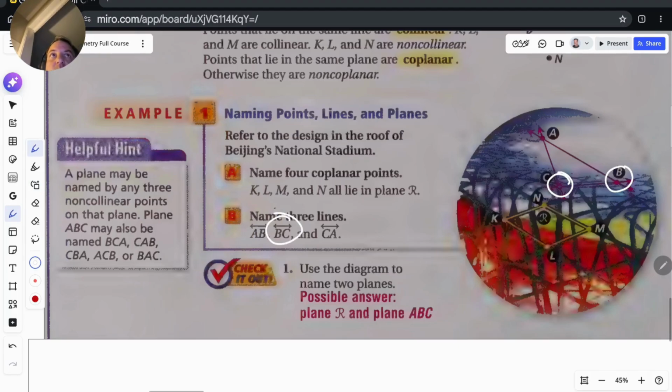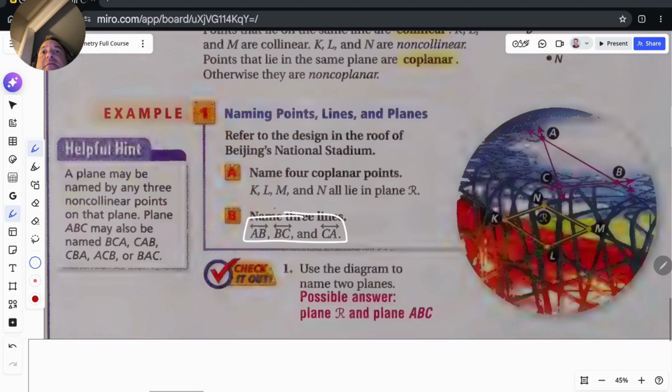Written like this. And the third line goes through C and A. So it's line CA. Here are the 3 lines that we can name and write them with their proper symbol. Line AB, line BC, line CA, and each with a double-headed arrow on top.